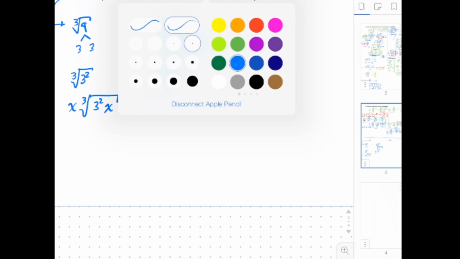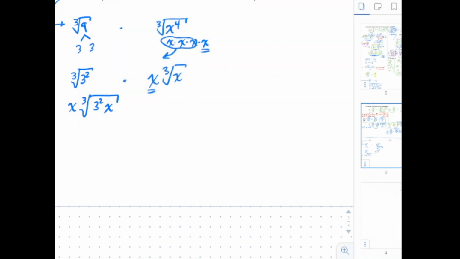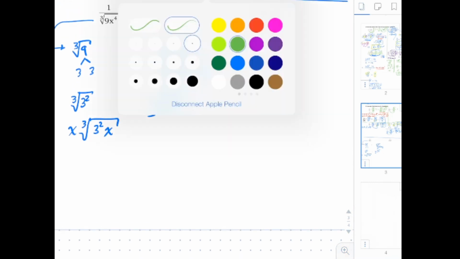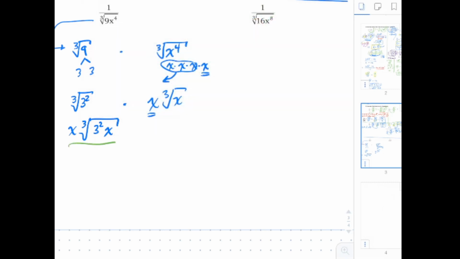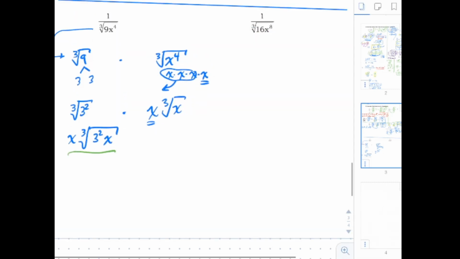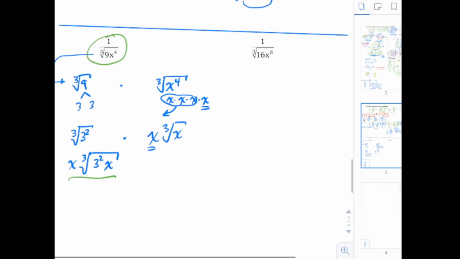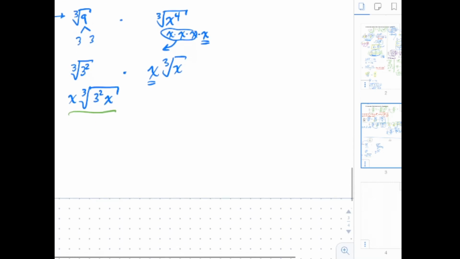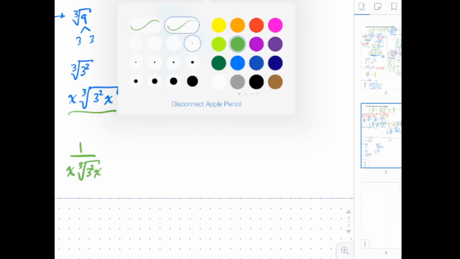So put this back together then. Now we have to remember where we were. We actually had 1 over that. So the actual problem we're doing is 1 over x cube root of 3 squared x. Okay, cool. So what is it we need to multiply by?